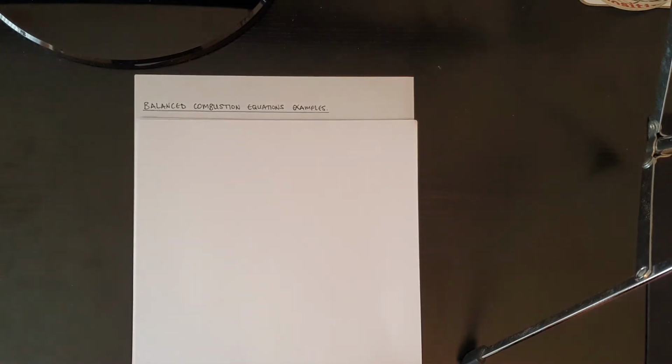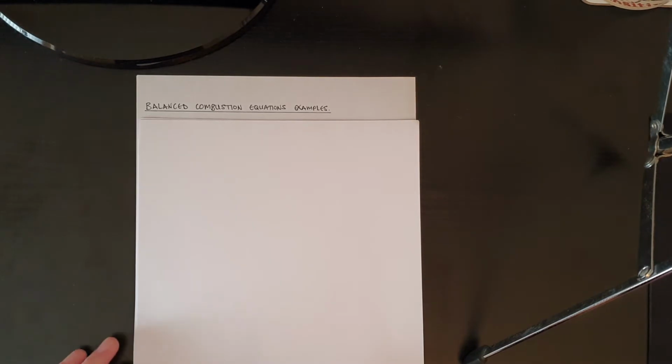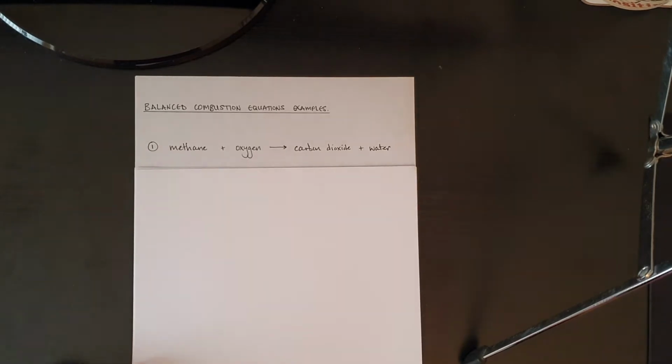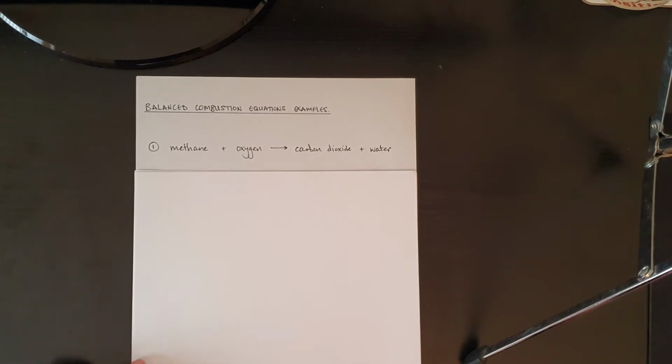Unfortunately, because it's the same product all the time, it's quite an easy balancing system to go through. So what we're going to do is take each of those three examples and balance those equations using the chemical equations for those reactions, and it'll be dead easy. If we take the first one, we think about burning methane and oxygen and getting carbon dioxide and water as our products, as our new substances.